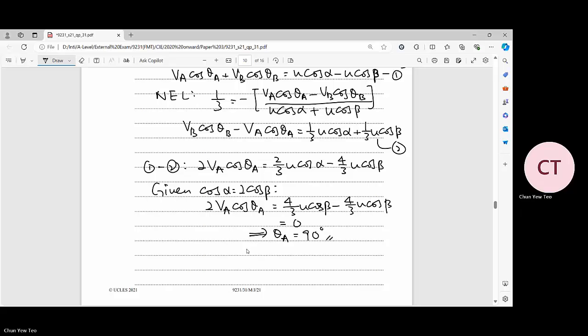So therefore, the direction of A after the collision is perpendicular to the line of center.